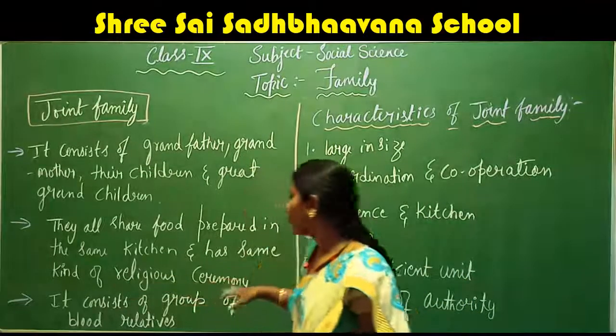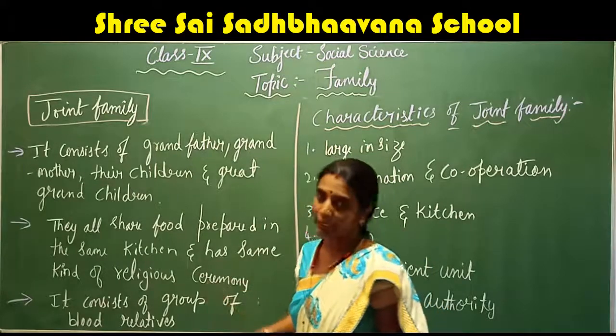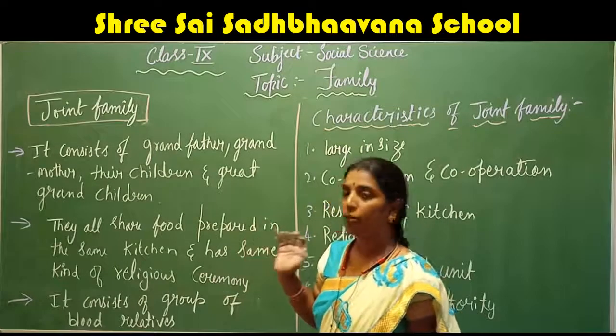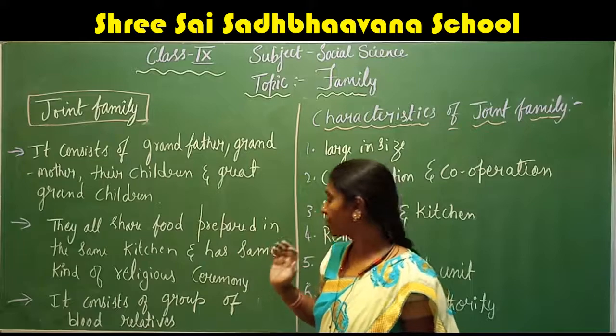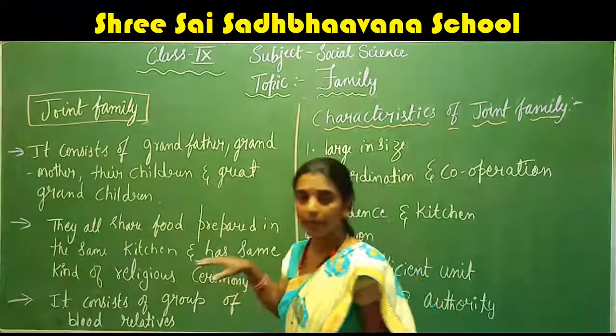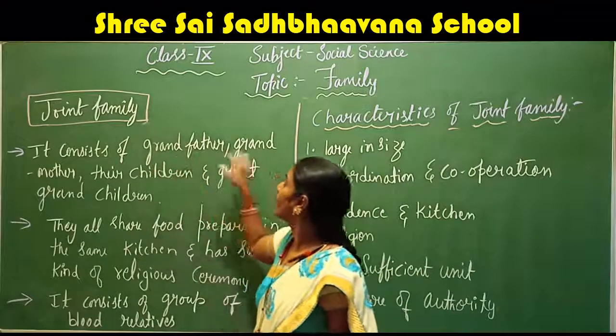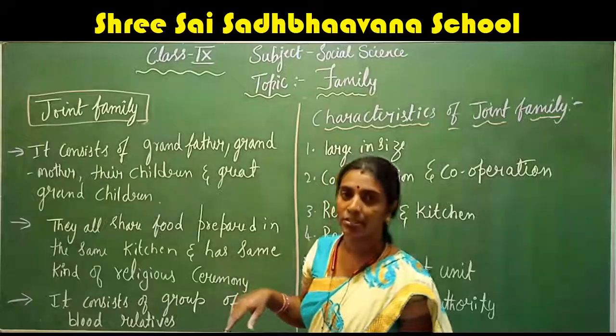And mostly it consists of a group of blood relatives. Generally, what does this joint family consist of? The members of the joint family are a group of blood relatives. Again, children, joint family consists of grandmother, grandfather, their children, and great grandchildren.